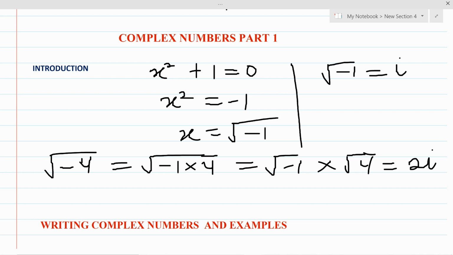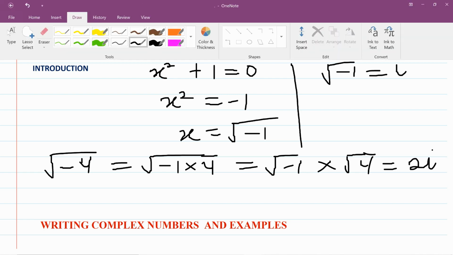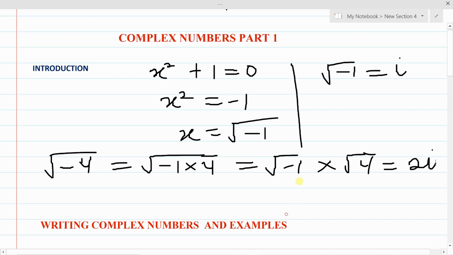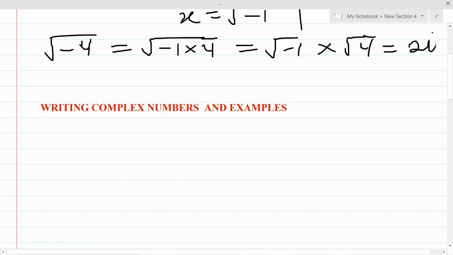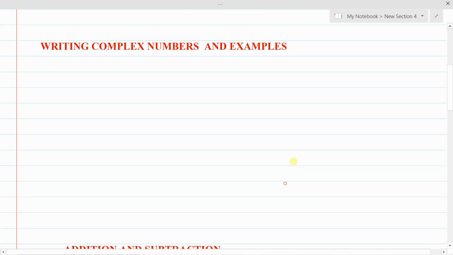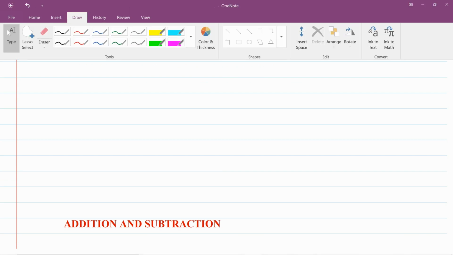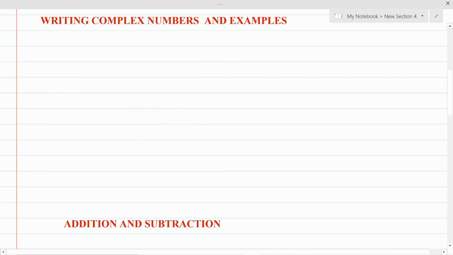So from this definition, what are some of the numbers that we call complex numbers? Let's look at some examples of complex numbers. If I write a complex number, say z, we normally represent complex numbers by z. If I write z equals, normally all complex numbers are represented in two parts.